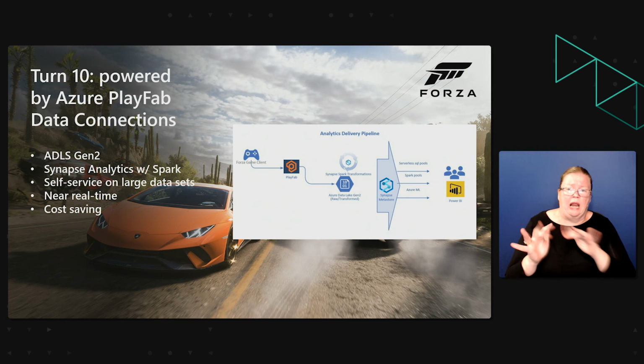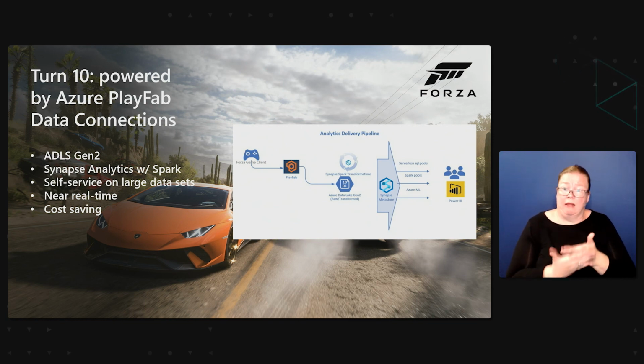We don't need engineers to support those pipelines. And as soon as the data lands, we can immediately start analyzing using Synapse Analytics. It's going to save Turn 10 Studios cost and effort by not maintaining those pipelines.